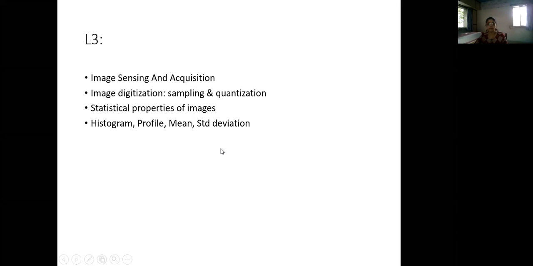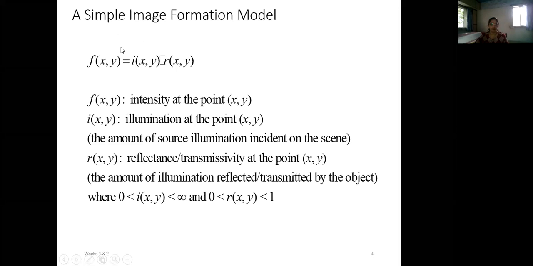standard deviation. Okay, so this is a simple equation in which we can represent an image, or we can call this the image formation model. So your image f(x,y) is given as the illumination component times the reflectance component. So i(x,y) is illumination, or the amount of energy which is incident on the object, or which is incident on the scene.